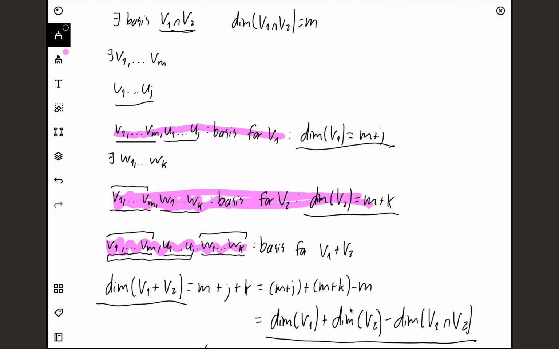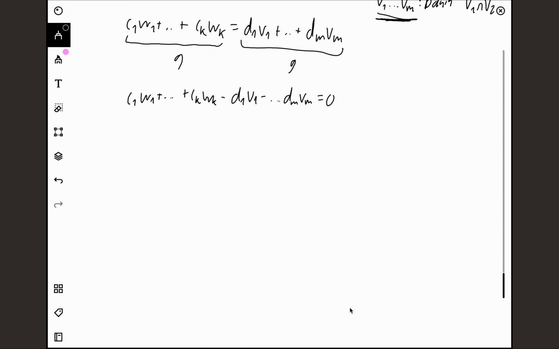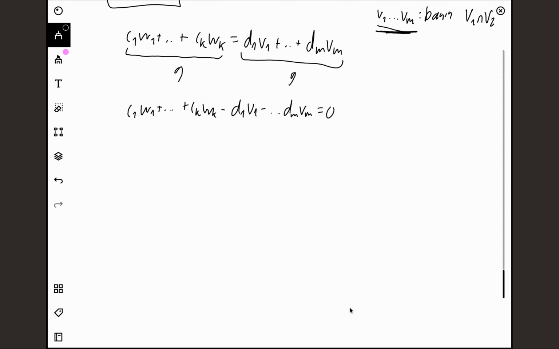We know that if some vectors are linearly independent, the only linear combination that gives us the 0 vector is the trivial one, which means all the scalars have to be 0.